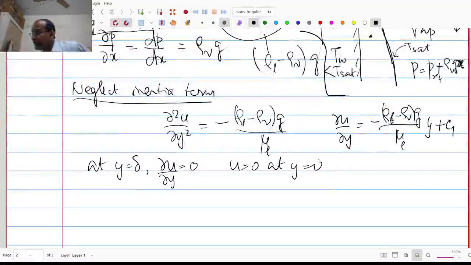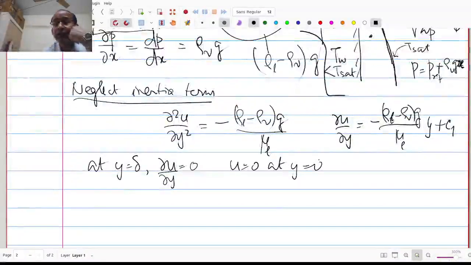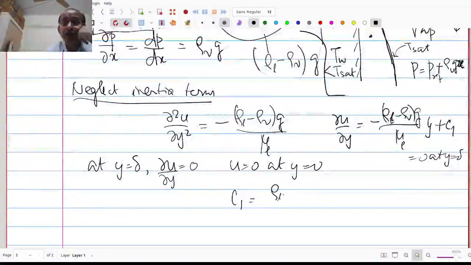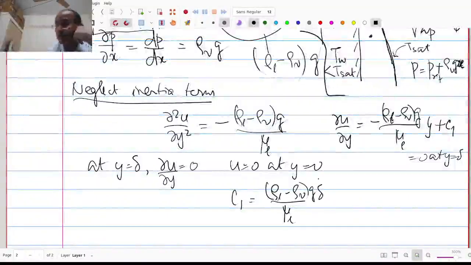Using the second condition, that del u by del y is equal to 0 at y equal to delta, tells me that C1 is equal to rho L minus rho V by mu L into G delta.